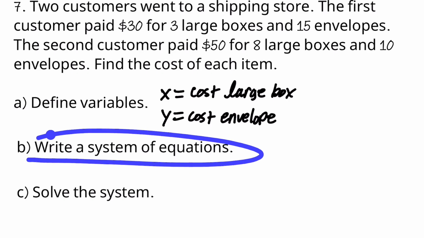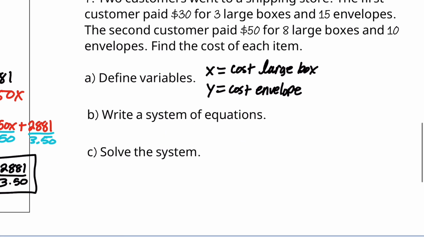Okay, second step, write a system. My first equation is 3 boxes and 15 envelopes. So 3x plus 15y. I am going to write it down here, guys, because whatever we write up here will eventually come down here, so just trying to save us some time. So 3 large boxes and 15 envelopes gives us $30.